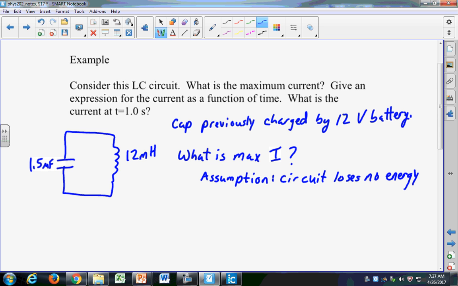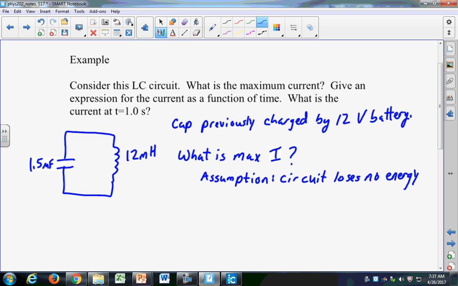And behind that assumption is another assumption. If our circuit was losing energy, what would that tell you about the circuit? Or what would be required for us to lose energy in this circuit? What type of element would I have to have in the circuit? What type of device would have to be in the circuit in order to actually lose energy, where that electrical energy would be turned into thermal energy?